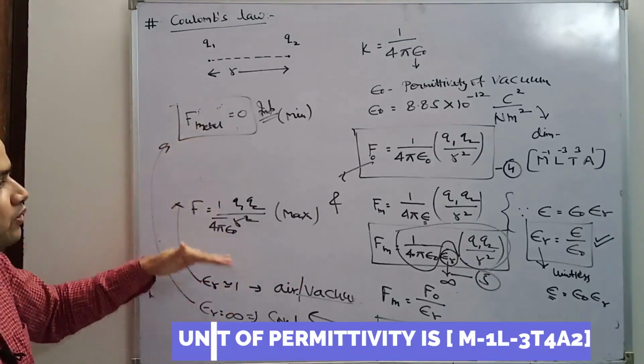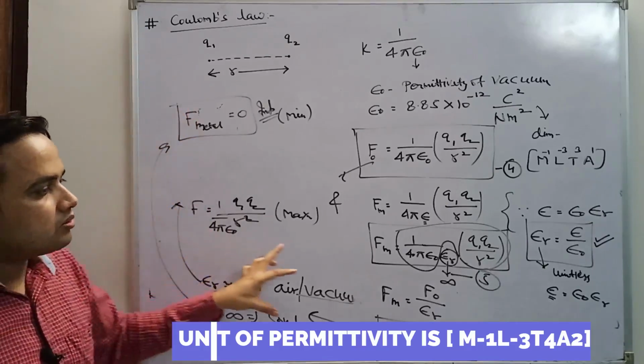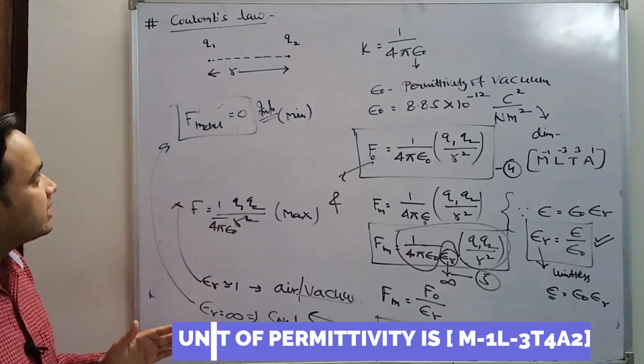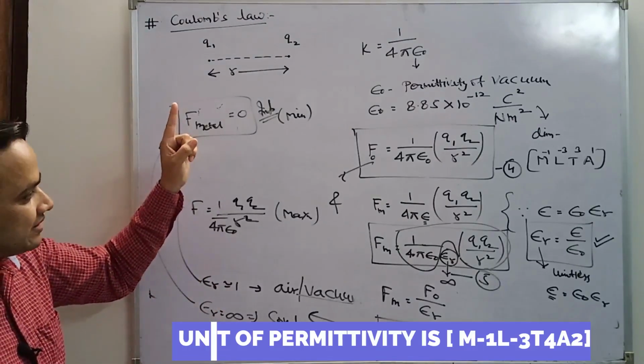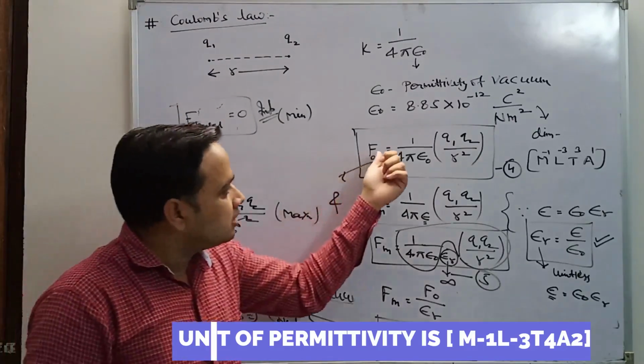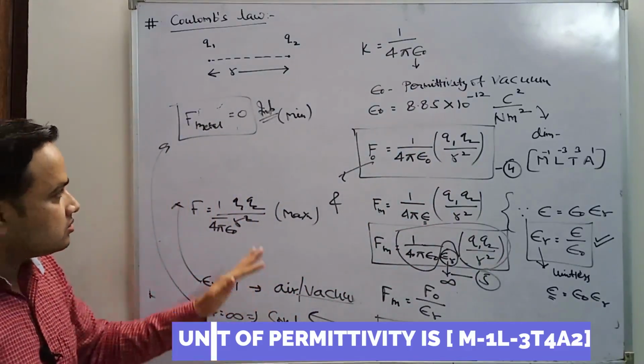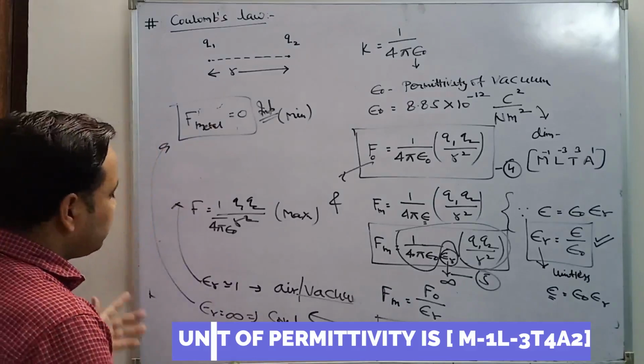So this is a very important point, and this is all about Coulomb's law in electrostatics. In general, Coulomb's law tells us about the force between two charges. Clear? So this is all about Coulomb's law.